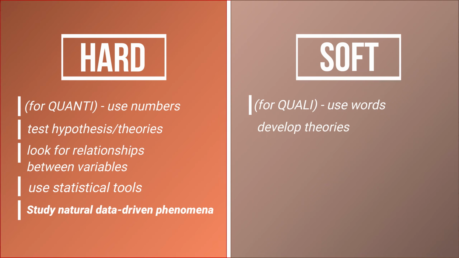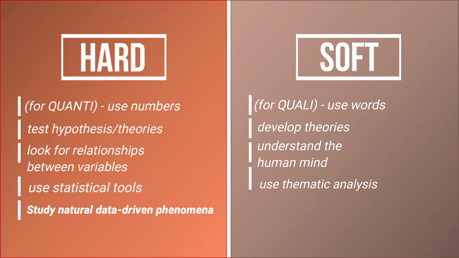Our goal is to develop a theory, to understand the human mind, and it is analyzed using thematic analysis or based on the researcher's interpretation. Here, the goal is to study human behavior in a scientific manner.